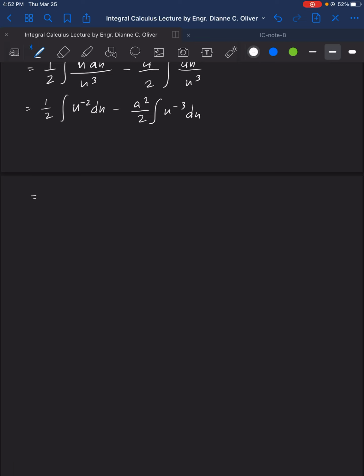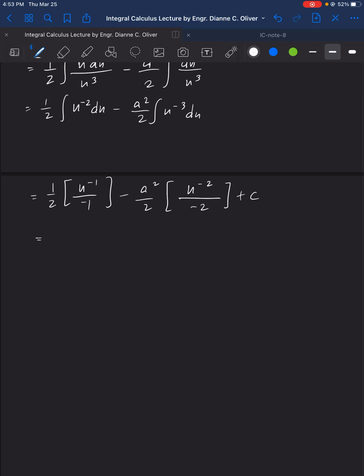So this is now equal to 1/2 u raised to negative 2 plus 1 is negative 1, over negative 1, minus a squared over 2, negative 3 plus 1, u raised to negative 2 all over negative 2, plus c.